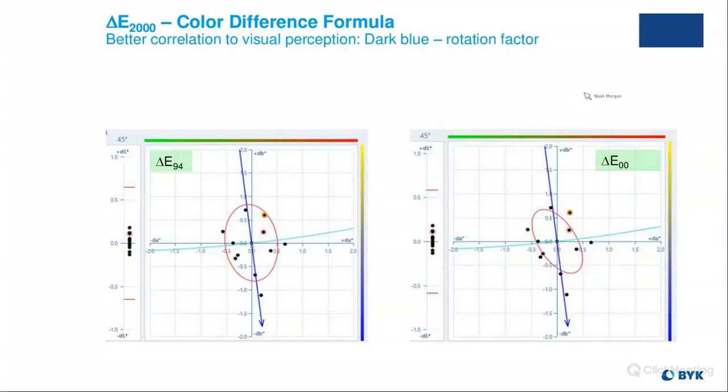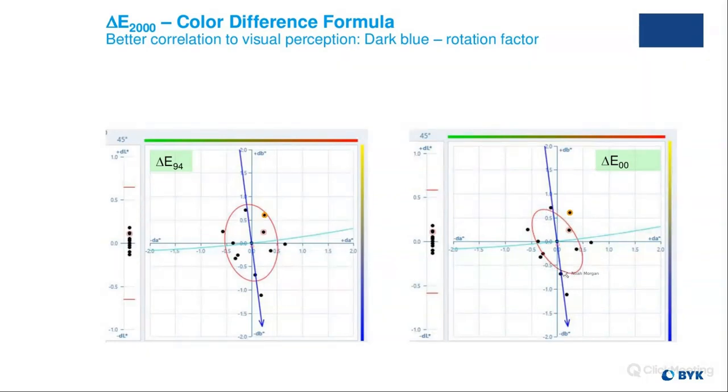And here's an example of that. This is for, say, a darker blue. In delta E94, it's the circle shape. You could say this would be considered passing based off of that equation. But when we change it over to delta E2000, these samples are now failing because they're outside of that tolerance.